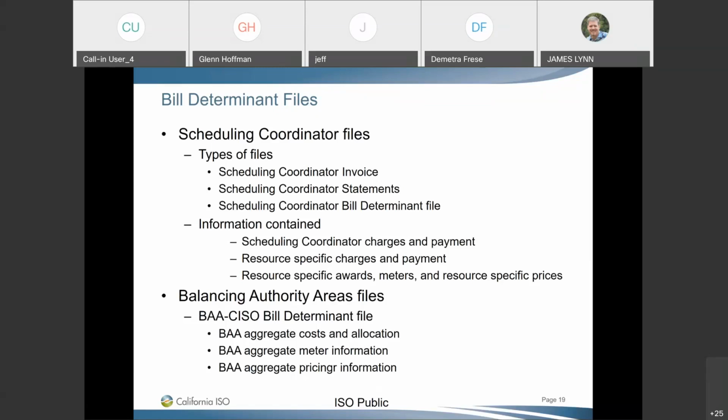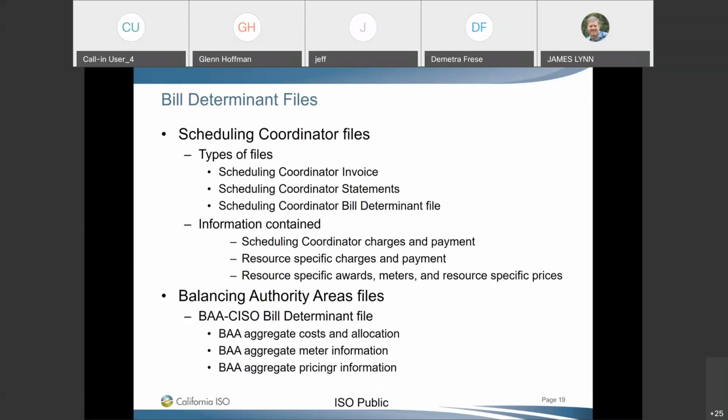But if you wanted to find additional information of costs and allocations into other balancing authority areas, you can find it, but it won't be down to a resource level. It'll be at an aggregate level, and this aggregate level gives no confidential information away. It just says these are the costs of this balancing authority area. This is how it's going to be allocated.